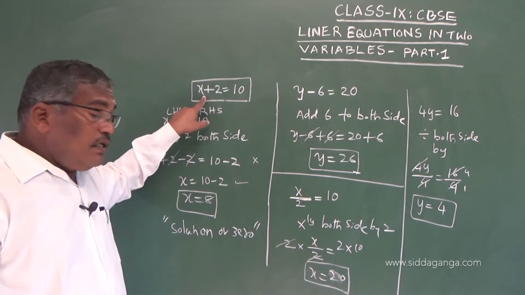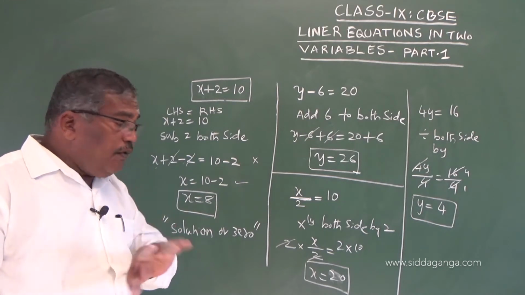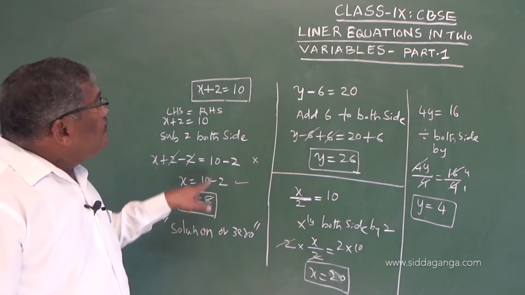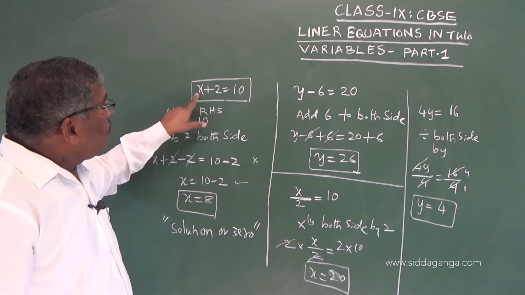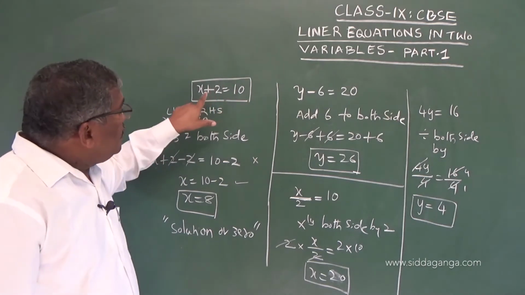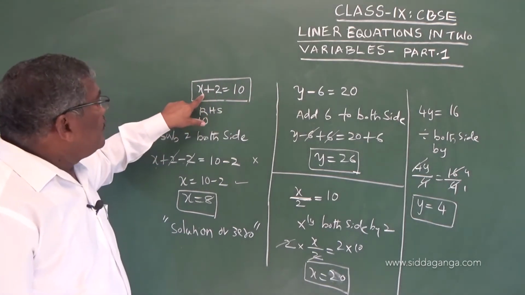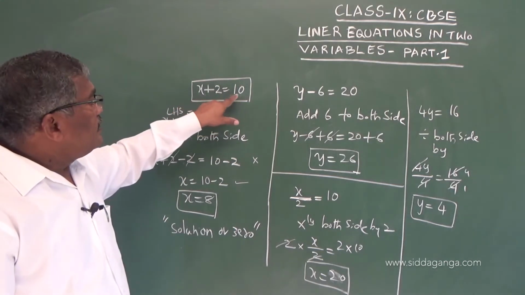The zero means the value of the variable which makes both LHS and RHS equal. So here if I put x is equal to 8, LHS becomes RHS, left hand side becomes right hand side.